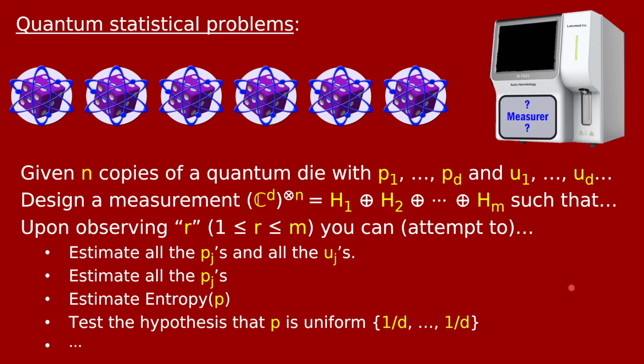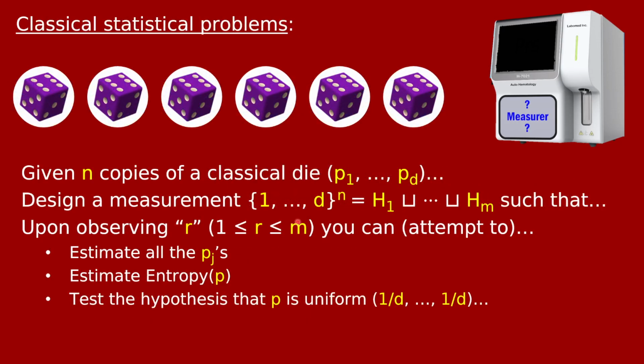Now, to talk about how we're going to do that, let me contrast it with the classical case. So the classical statistical problem is, let's say there's an unknown classical die. It's got some probability distribution, P1 through PD, associated to it, some probabilities for all the faces. And you get n identical copies of this die, and you're allowed to roll each die once in some sense.